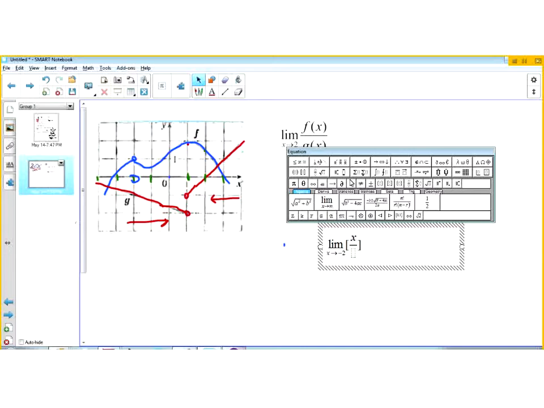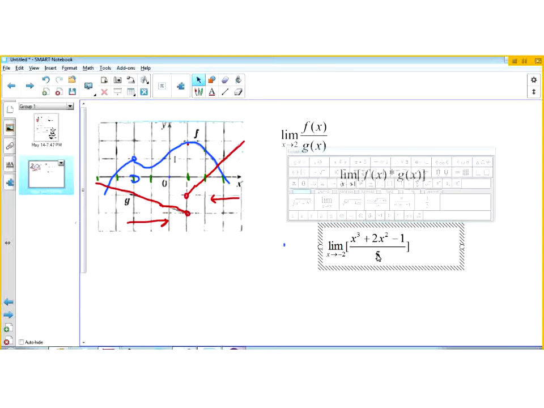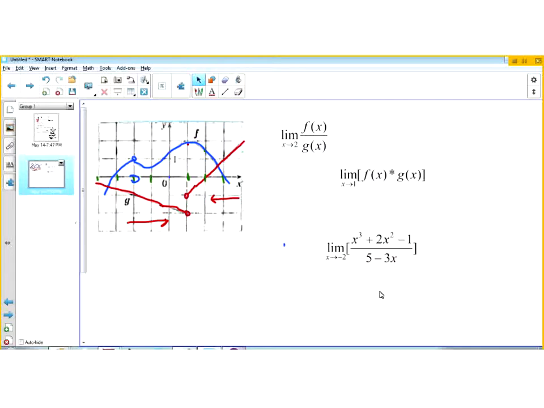This would be x cubed plus 2x squared minus 1, divided by 5 minus 3x. Okay, so let's figure out what that limit is.